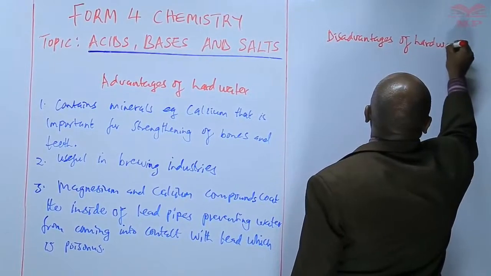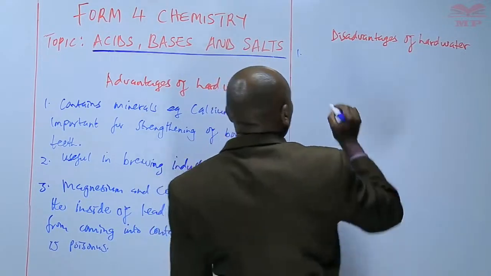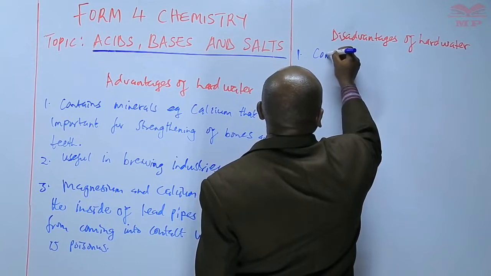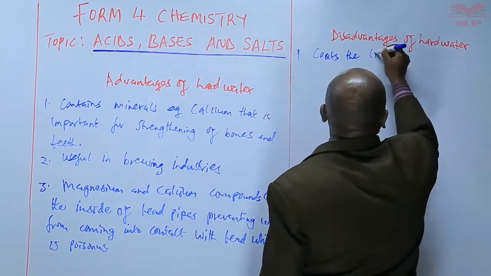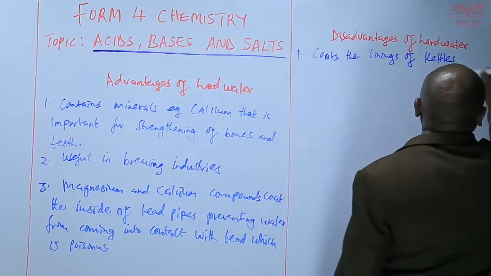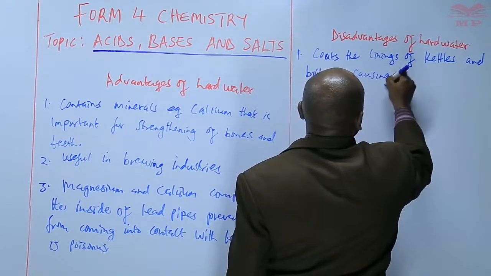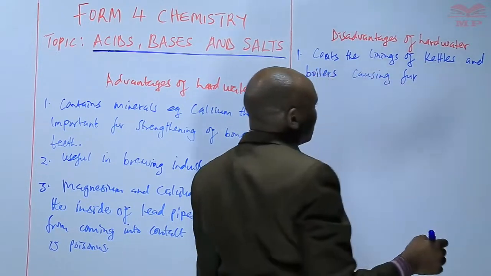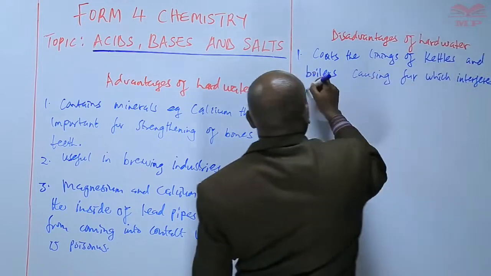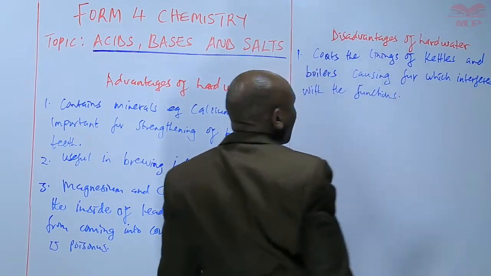of hard water. For example, hard water coats the linings of kettles and also boilers, causing the formation of fur, which interferes with the functioning, especially of things that are electrical.